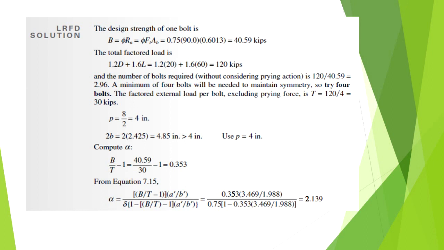Compute alpha prime. B over T minus 1 is equal to 40.59 over 30 minus 1, which is 0.353. From equation 7.15, alpha prime is equal to 0.353 times 3.469 divided by 1.988, divided by 0.75 times 1 minus 0.353 times 3.469 over 1.988, or 2.139.